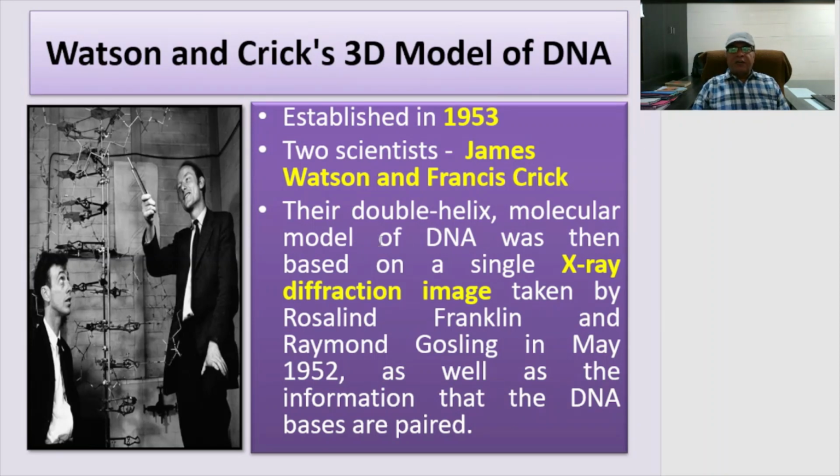They had information like the X-ray diffraction images taken by Rosalind Franklin and Raymond Gosling, as well as the base pairing of DNA and the structural information of the nucleotide. Based on that, they suggested the 3D model of DNA in 1953.